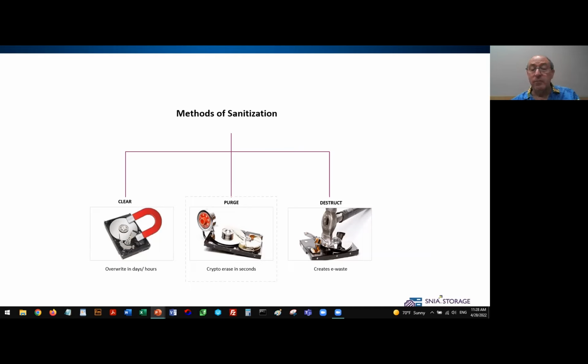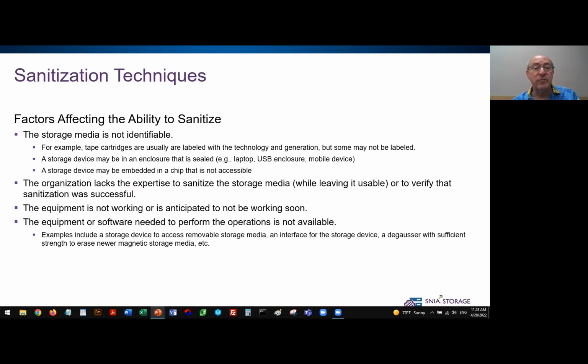If you've got 50 petabytes, it's going to take more than a few minutes to sanitize all that data. A crypto erase, on the other hand, can happen in mere seconds. And of course, we talked about how destruct creates e-waste. We give guidance on, again, how to choose what kind of technique to use.